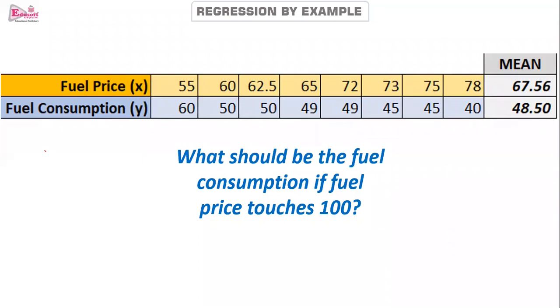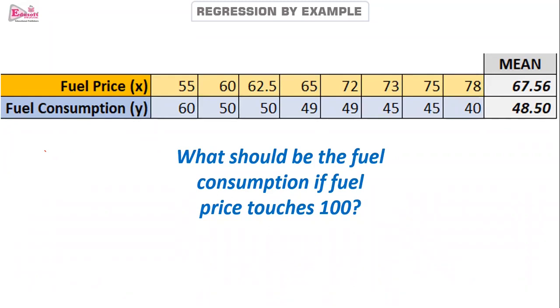The figures in thousands are converted down into tens, so 60 is actually 60,000. As you see, as the fuel prices are increasing, the consumption is decreasing. To keep my costs lower, the fuel consumption has gone down.